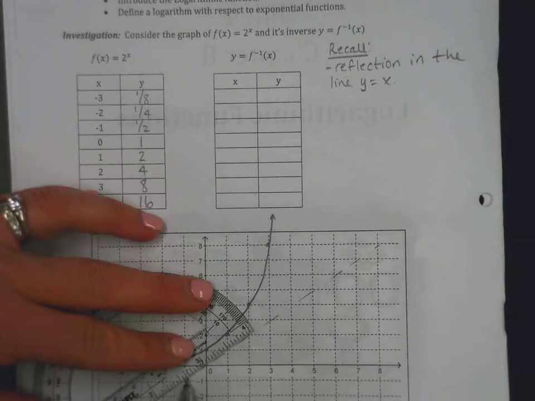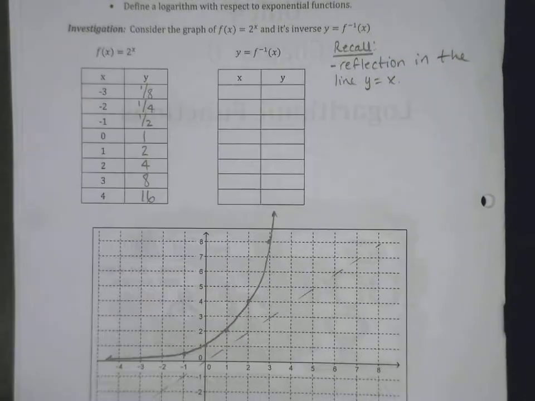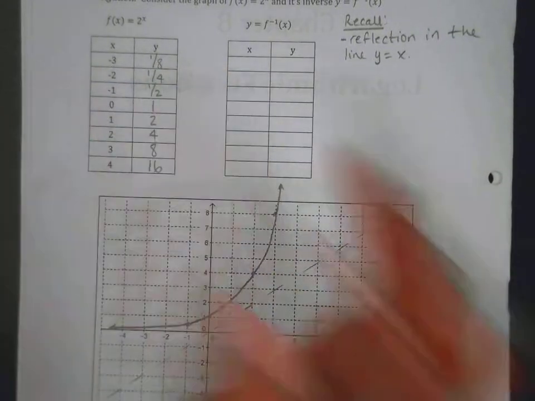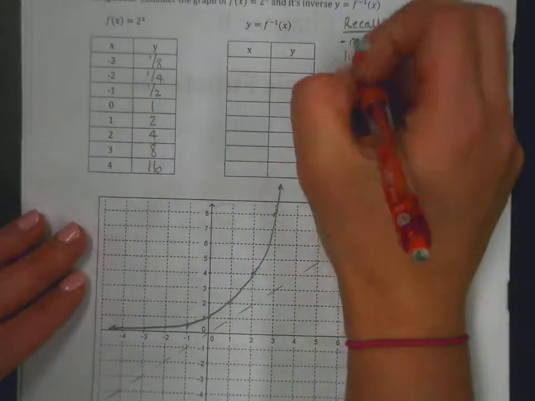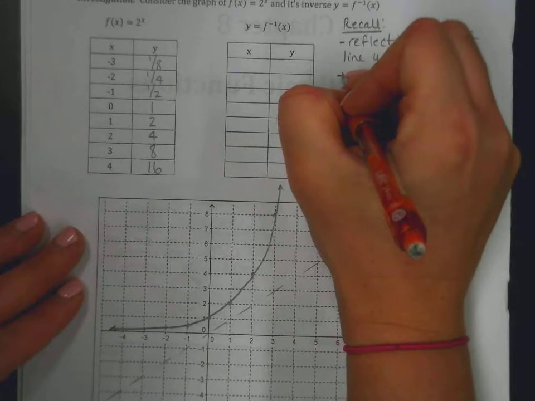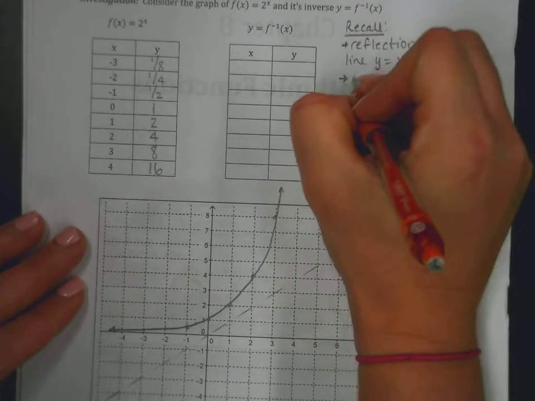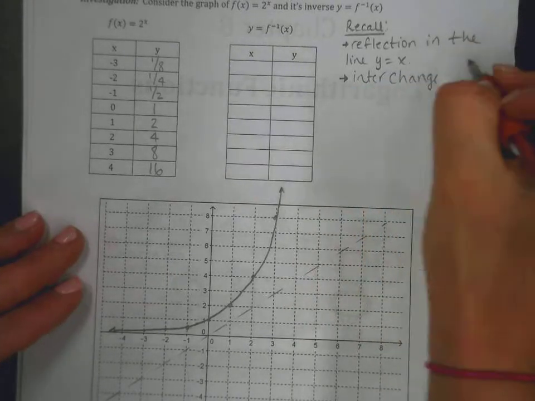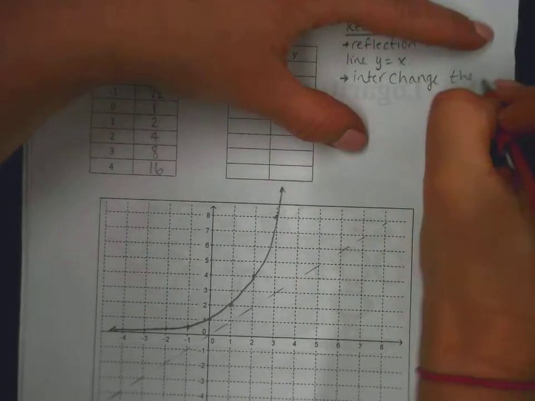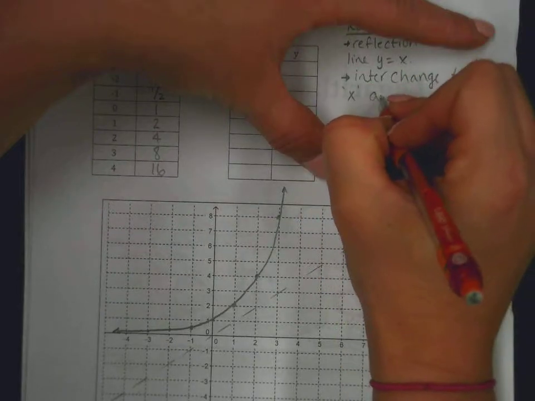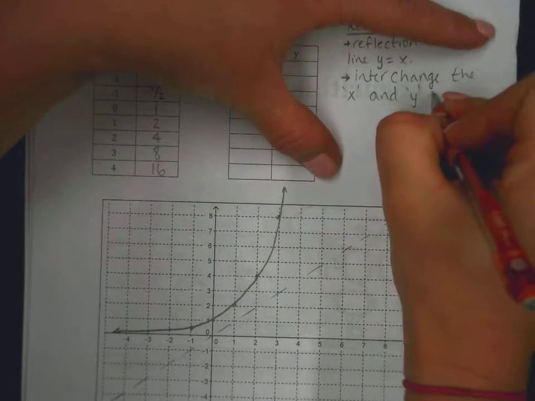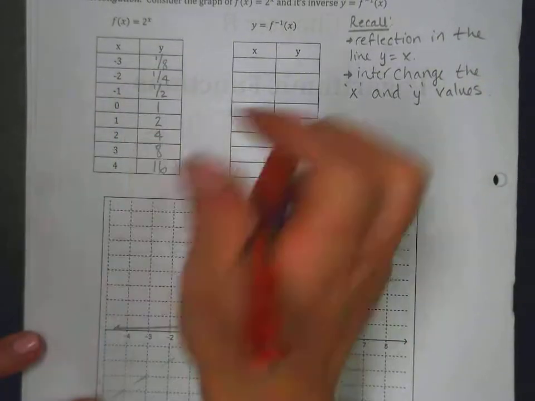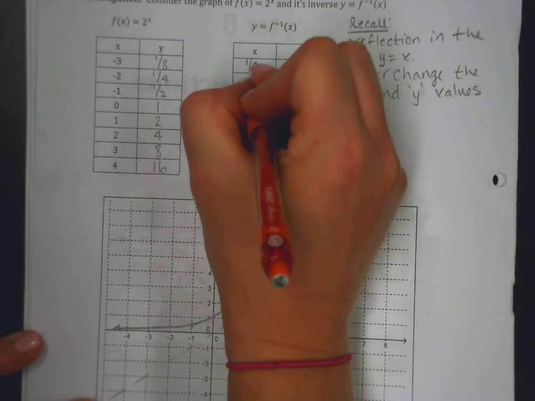And also recall that for the inverse function, we want to interchange the x and y values. So as a table of values, my y values become my x coordinates, and my x values become my y values.